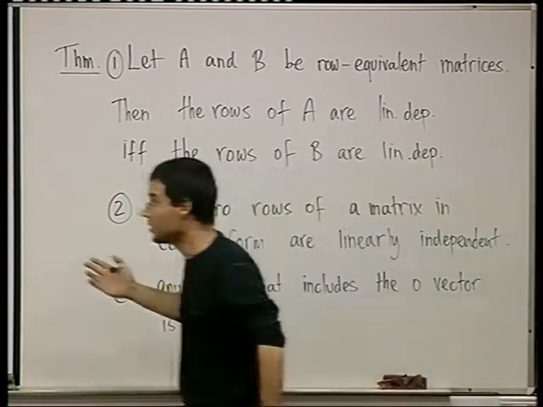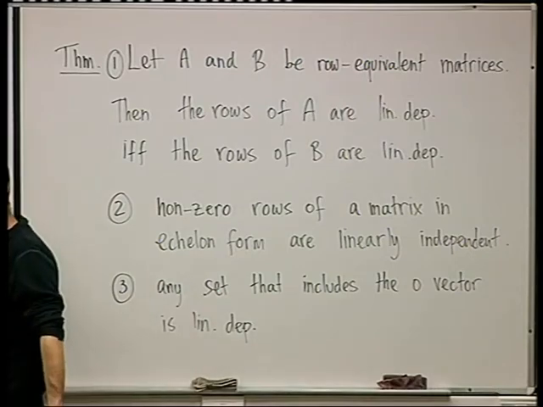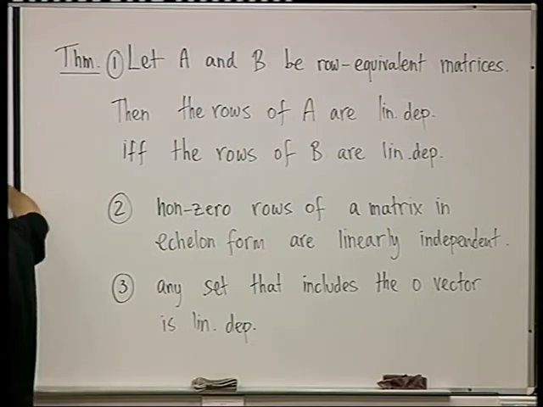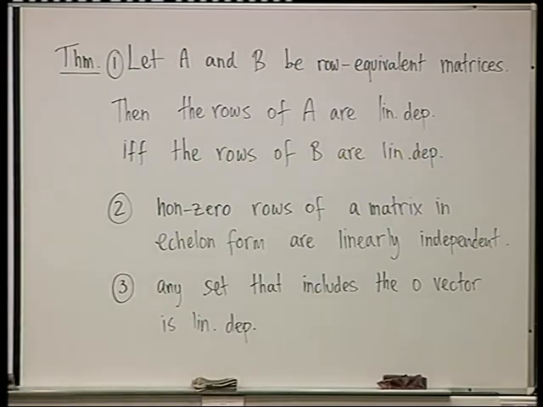Let's look back at the example. This was our A, the matrix that we started with. We ended up with this matrix, which is obviously a totally different matrix, but they're row equivalent, right? So answering the question of whether these vectors are linearly dependent answers the question of whether the rows of these matrices are linearly dependent, by theorem 1.